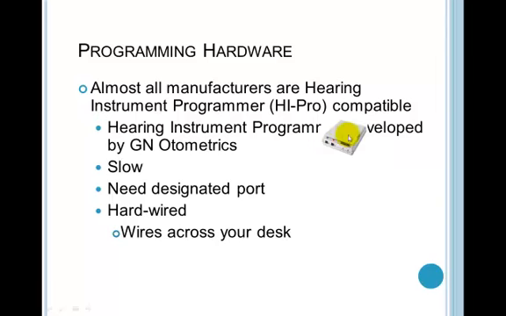It's a hearing instrument programmer called a Hi-Pro. Here we plug cords in, then the cords stretch out, they plug into the hearing aids of our patient, and the hearing aids go into the patient's ear. It's a little bit slow, and we have lots of wires and cords across the desk, so it's not as desirable as what we tend to use now, but that's the older way of connecting digital hearing aids to the computer.